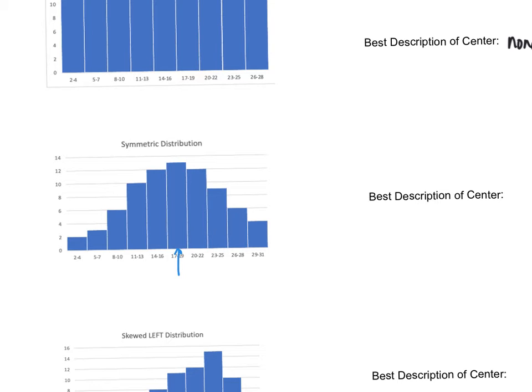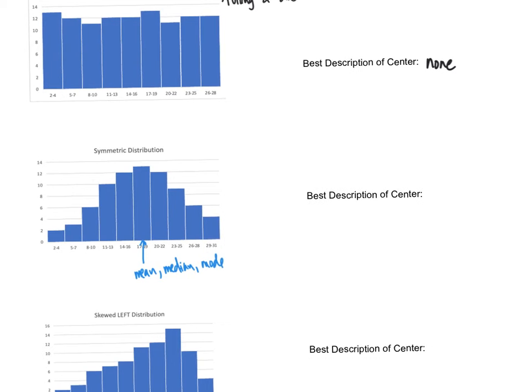And so here, the mean is going to be in the middle, along with the median and the mode. So really, any of them would be a good description of the center. You could use the mean, the median, or the mode.